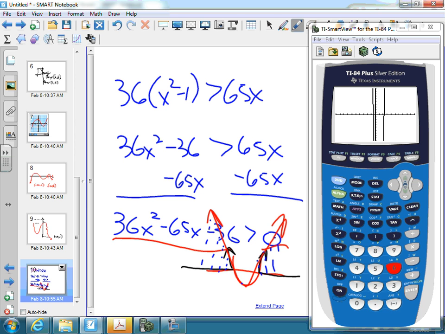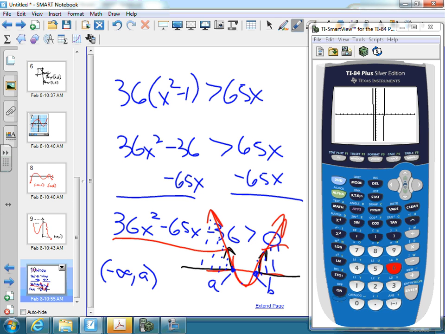So all I need to do with this problem is identify, well, what's that 0? And what's that 0? And if I know those two zeros, for the sake of time here, let's call this point A and call this point B. Then the answer to this inequality is going to be negative infinity all the way to point A. Now it says greater than, so A is not included.